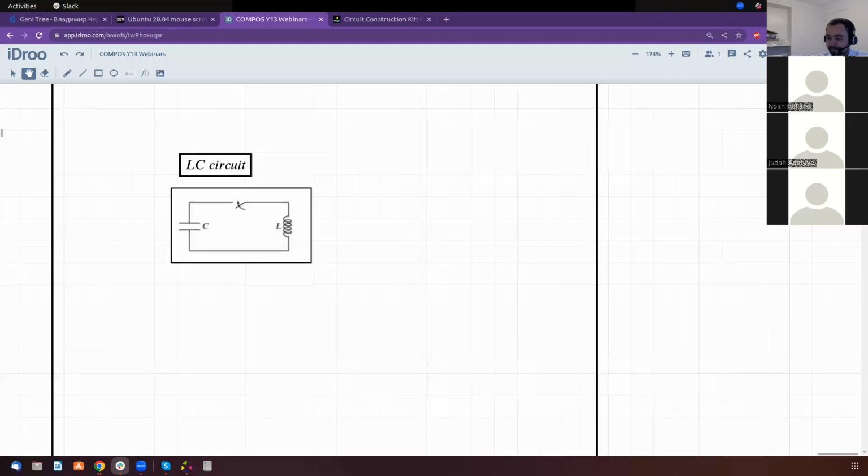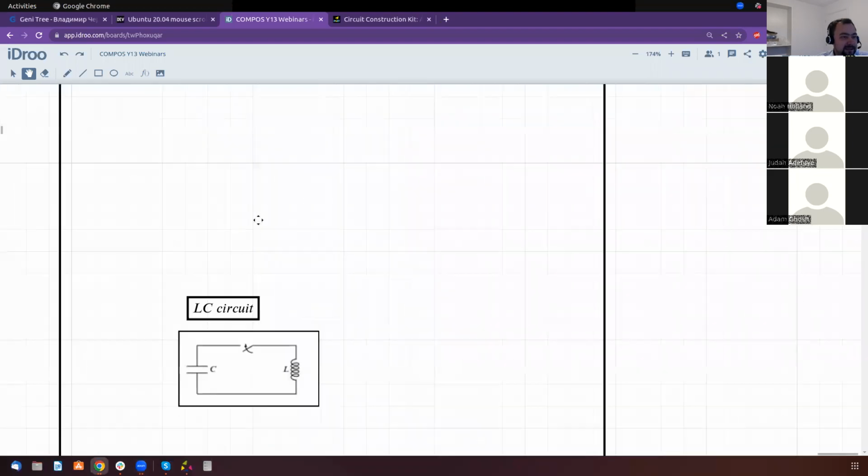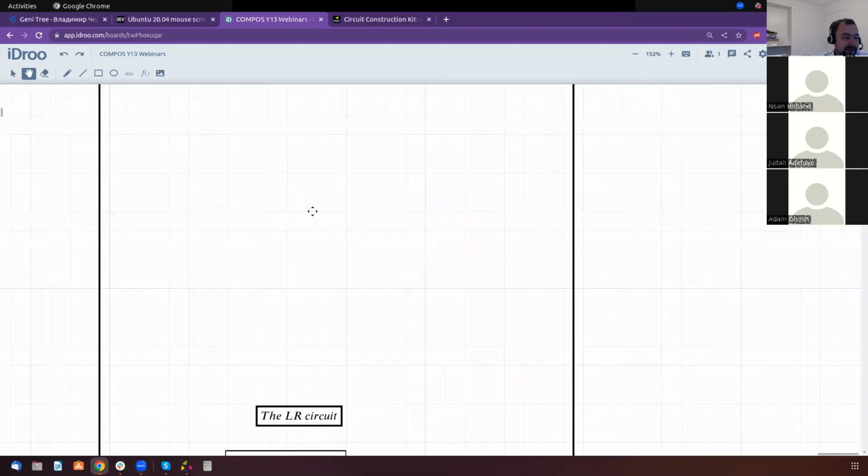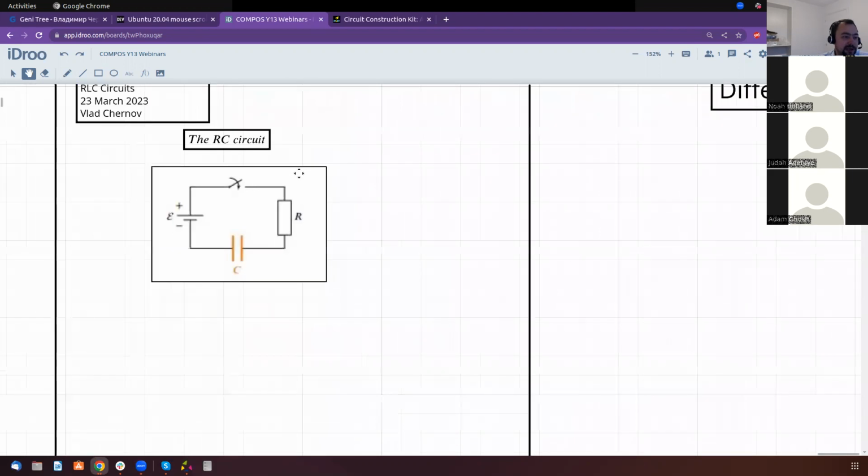Right. So I'm going to share my screen and let's get started. And first, let me tell you the RC circuit, the circuit you're already familiar with. Please tell me who's familiar with the RC circuit. Yes or no?